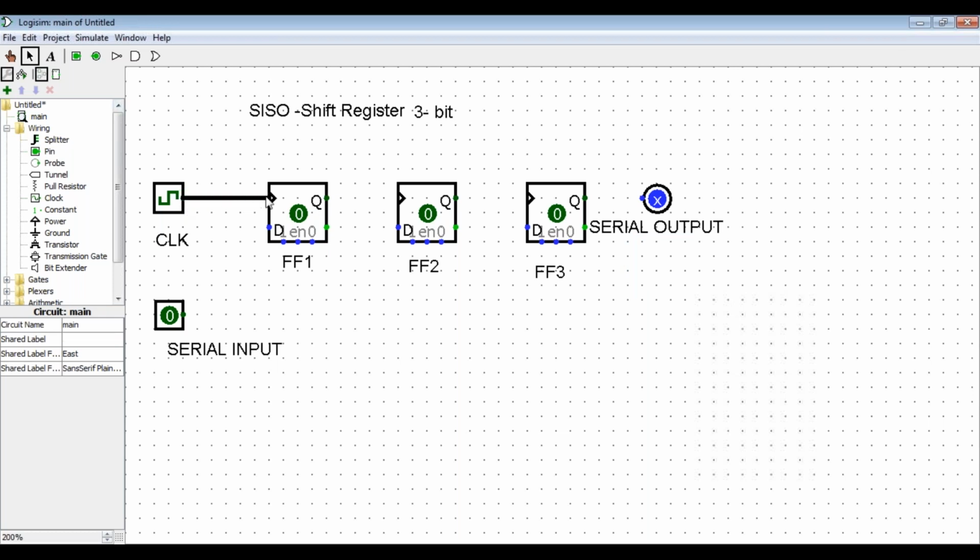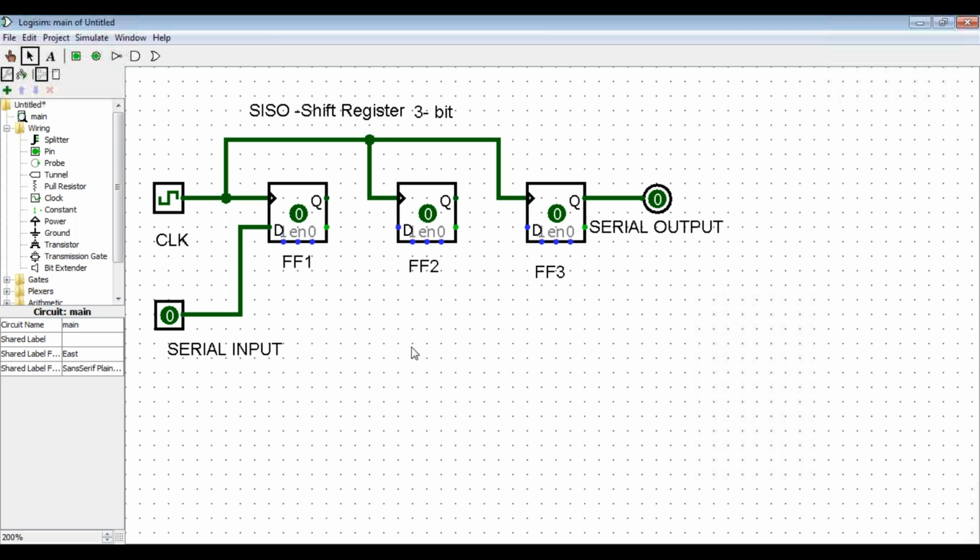I am giving my clock to my first flip-flop, then the common clock pulse to my second flip-flop, then to my third flip-flop. Then I am connecting my serial input to my first flip-flop.